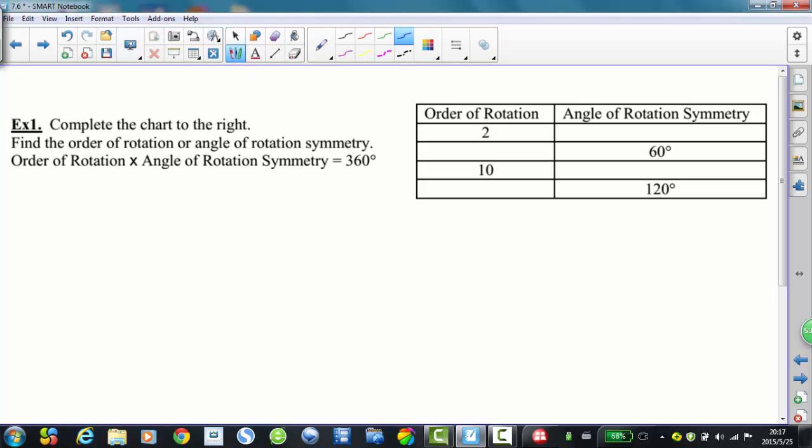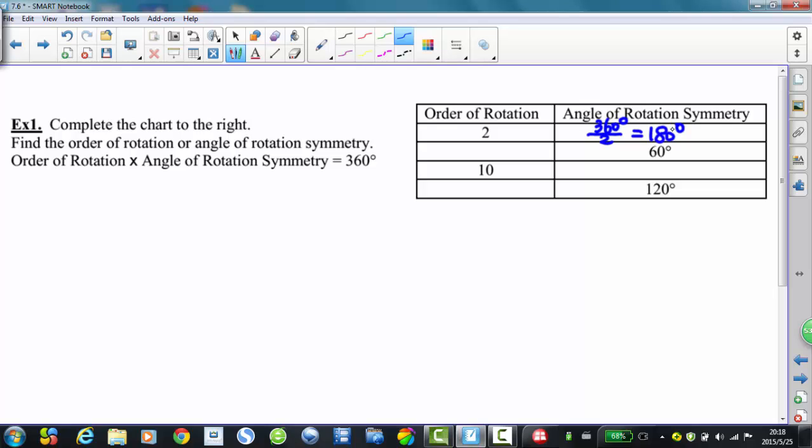In the first question, I have order of rotation 2. Let's find the angle of rotational symmetry. The angle of rotational symmetry equals 360 degrees divided by the order of rotation. So this one is 180 degrees. That means this shape needs 180 degrees in order to coincide with itself.